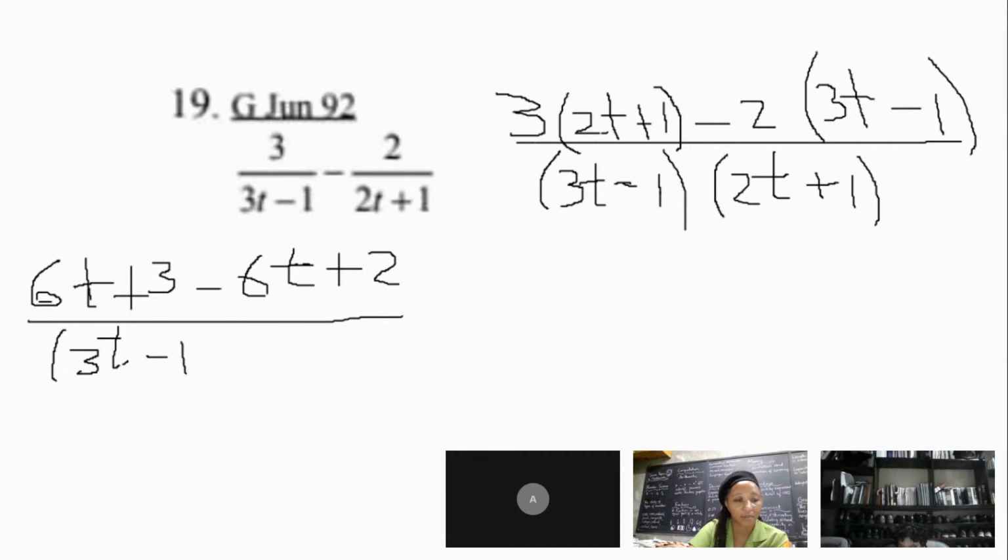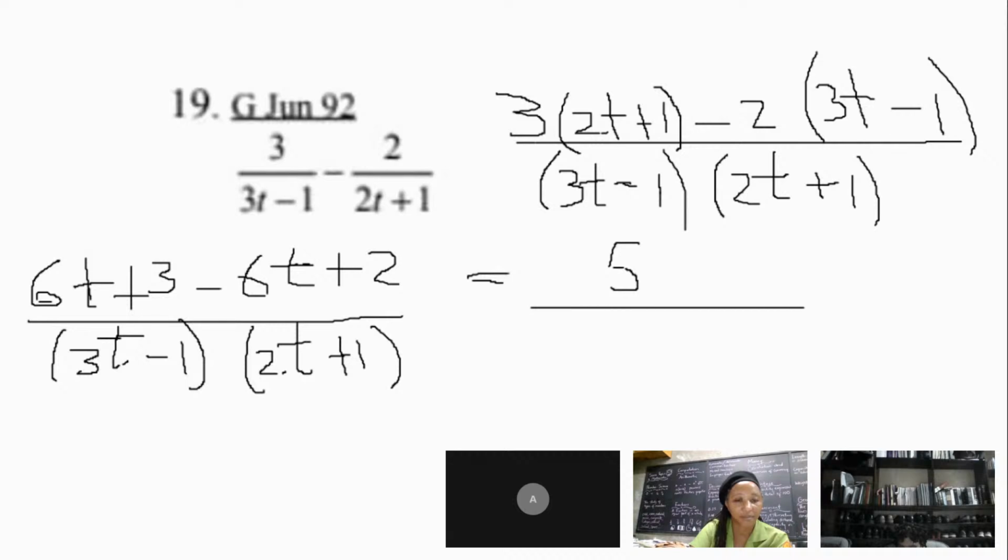Just the like terms: 6t minus 6t, that will even out. So 3 plus 2 will give you 5, over 3t minus 1, bracket 3t plus 1.